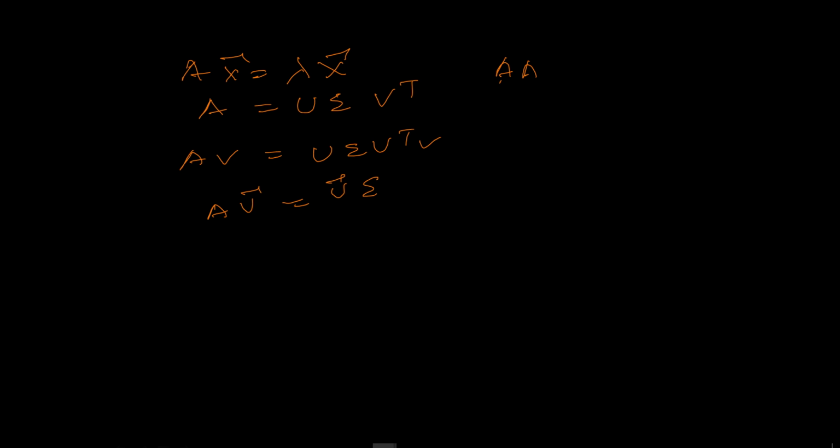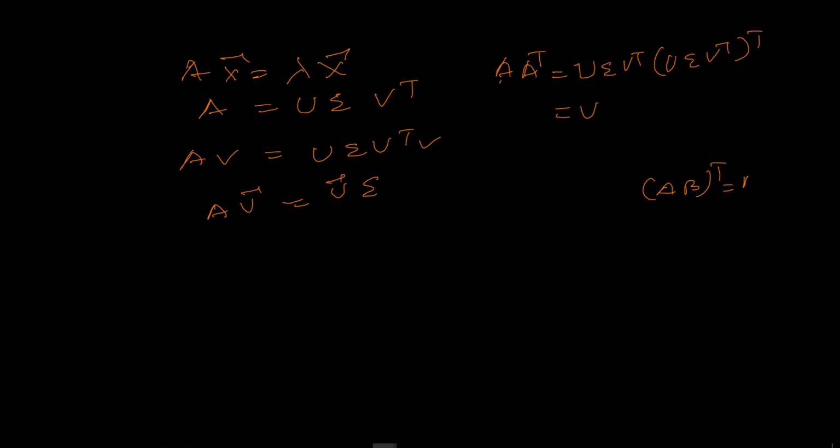So to get the eigenvalue, what I will do is A into A transpose. What is A? U sigma V transpose, and I am multiplying by its transpose. The transpose of a product is always B transpose into A transpose, so U sigma V transpose times V sigma transpose U transpose. Both are orthogonal matrices, so the multiplication V transpose V is I, so it is sigma, sigma transpose and U transpose.